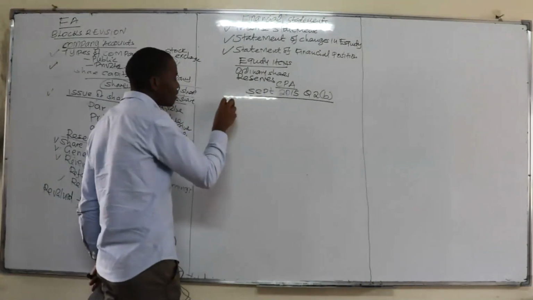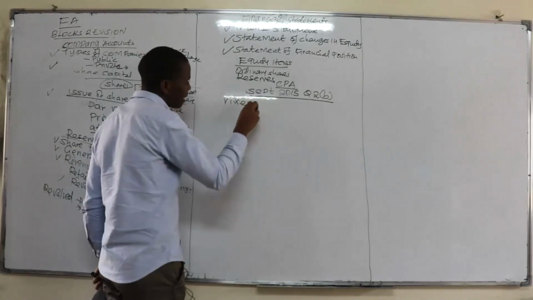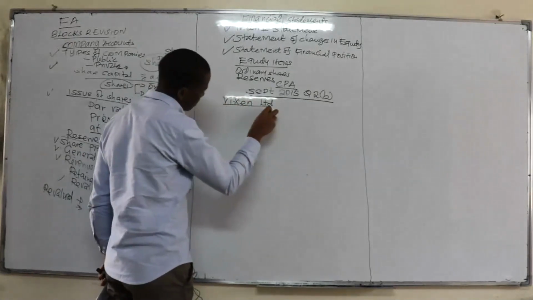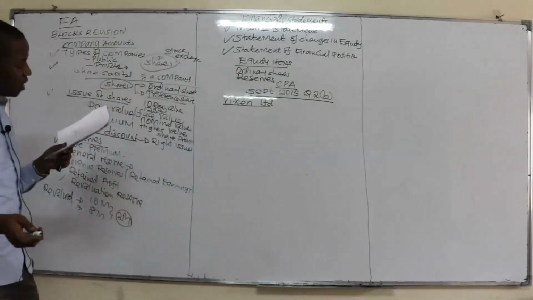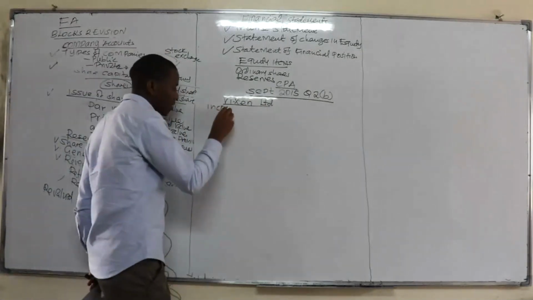Remember, you're supposed to begin with the name of the company, which in this case is Fixen Limited. Fixen Limited. In this case, we begin with the income statement.